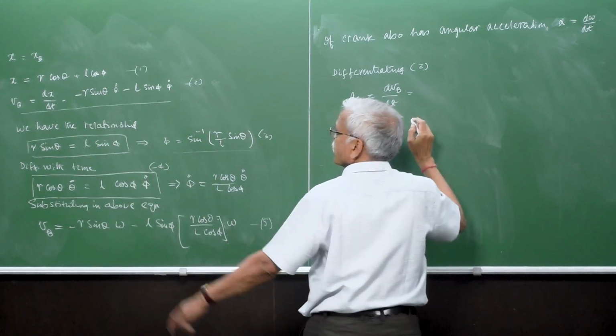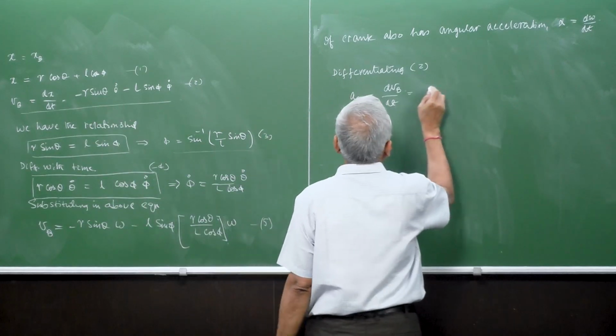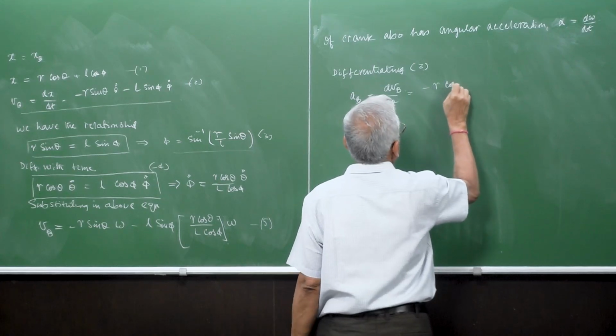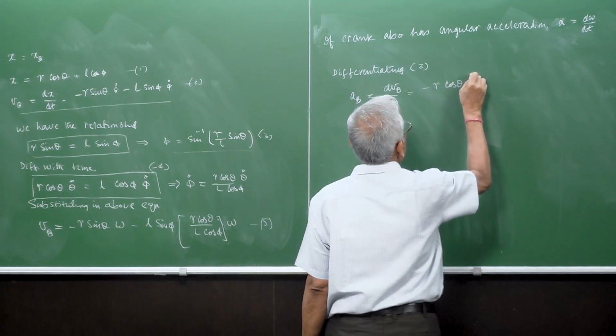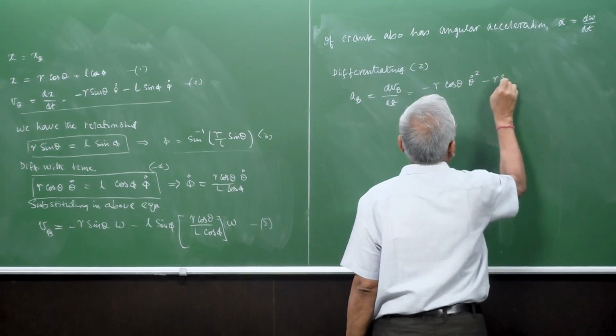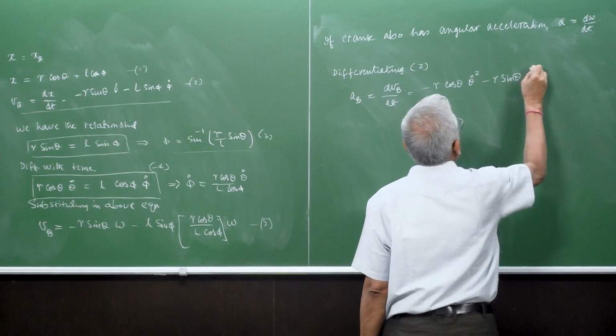Now it's a function of 2, so it's minus r sine theta times cos theta, theta dot, so it's theta dot square, and minus r sine theta, theta double dot.